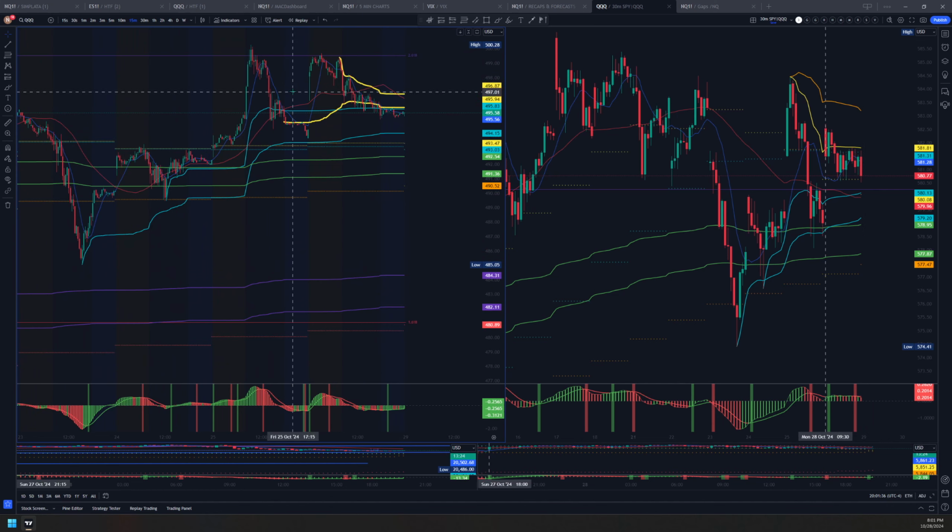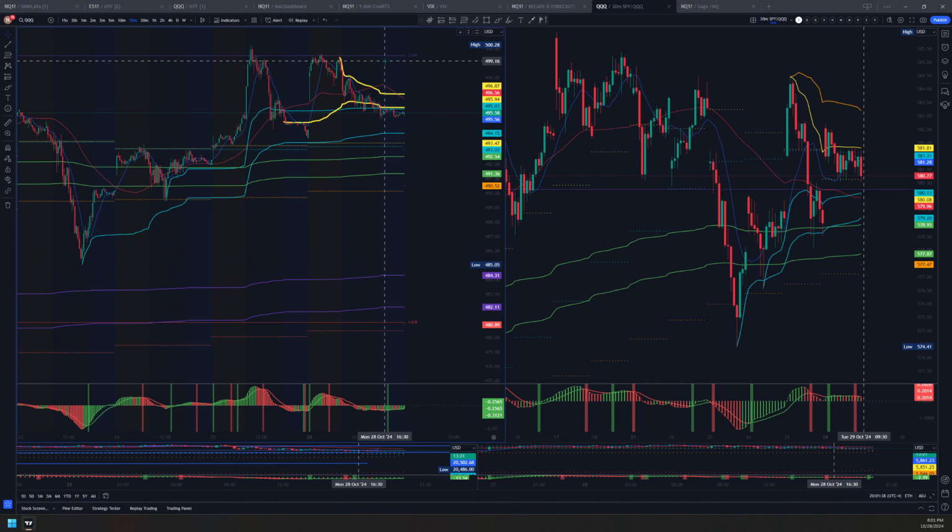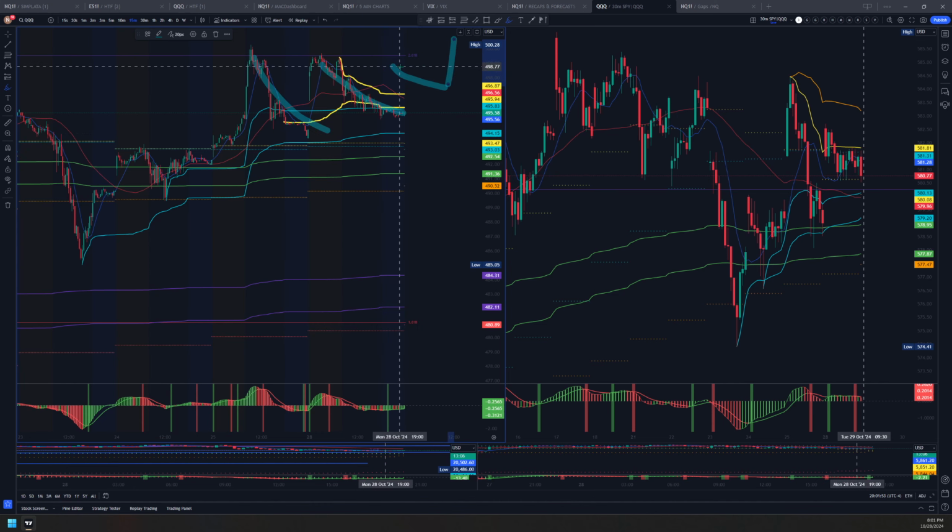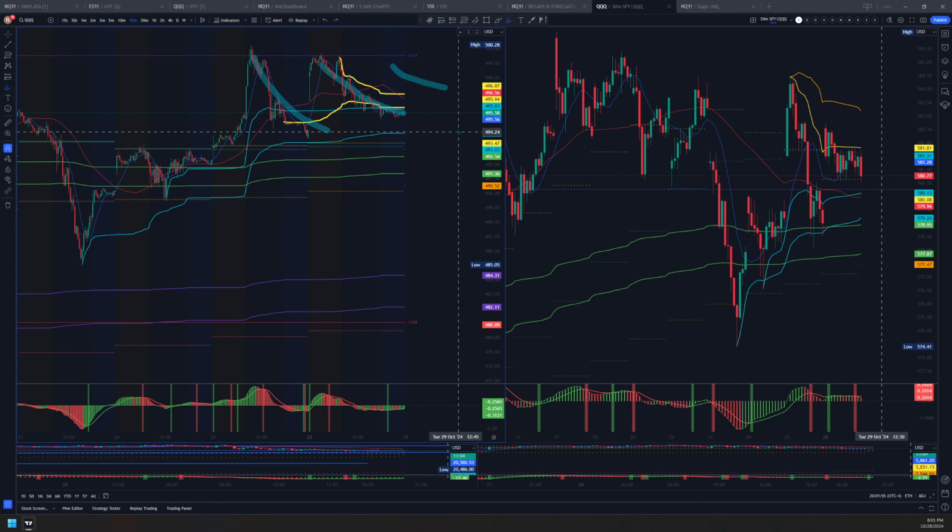So if we sweep down and then pop up, try to sweep down and then pop up, like this. Because we've got these sweeps, and then we make this sweep, and then we finally pop up once the downward pressure starts tapering nicely.